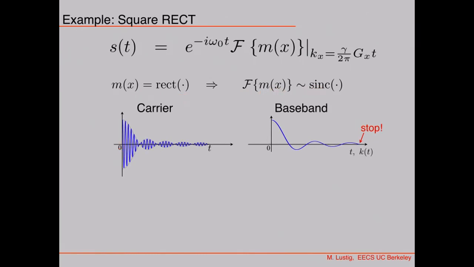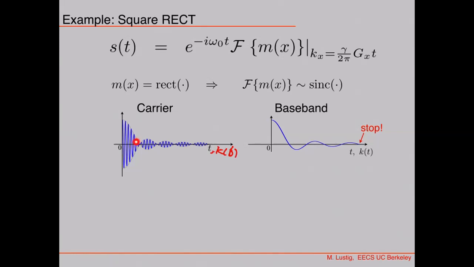And then as t increases, we start evaluating at higher and higher frequencies. So this is t, but it also corresponds to k(t), because these are linear functions of each other. There's just a scaling between those two.